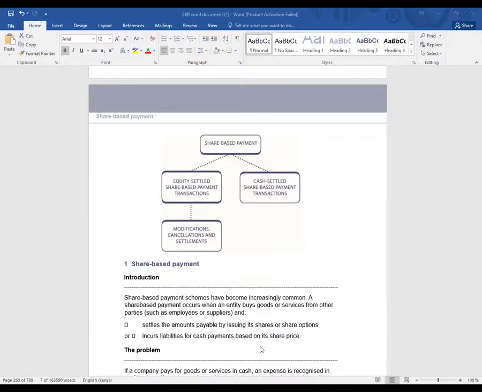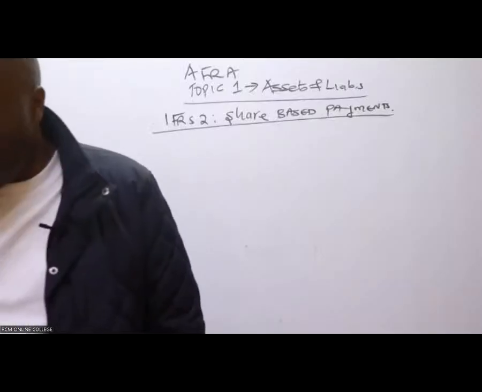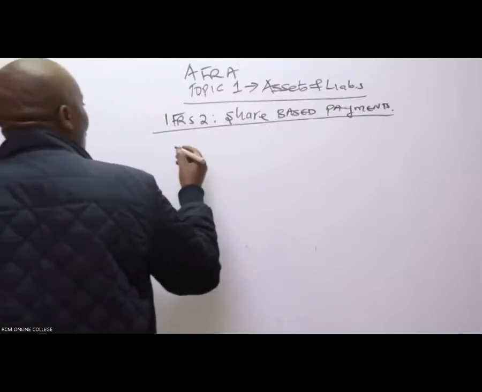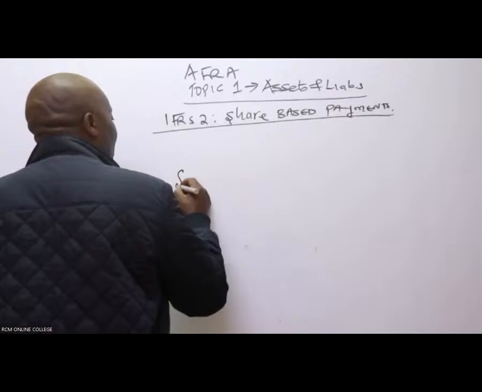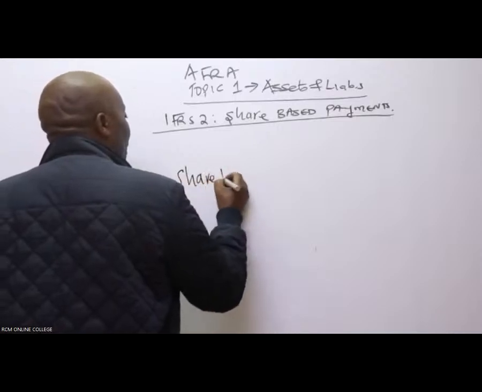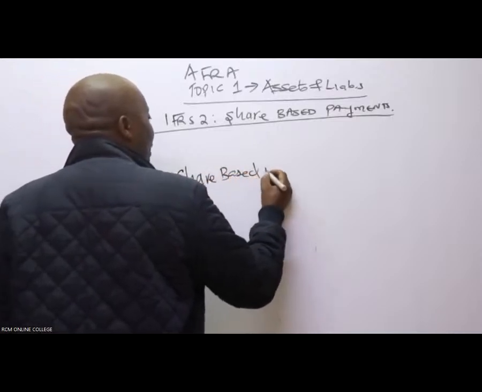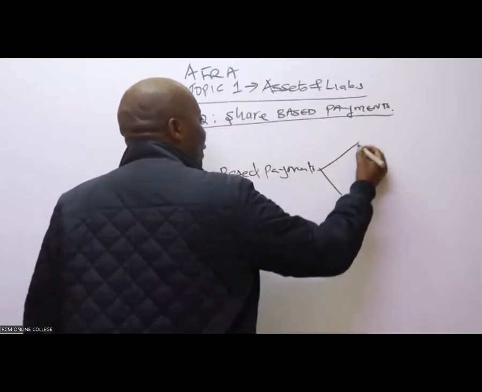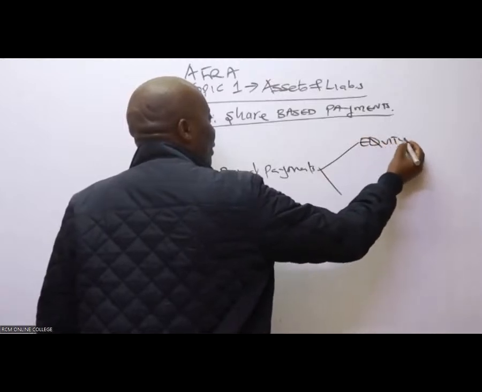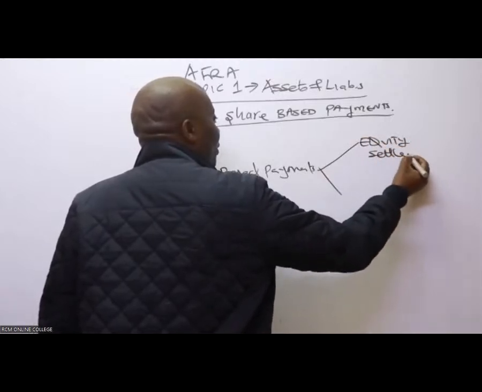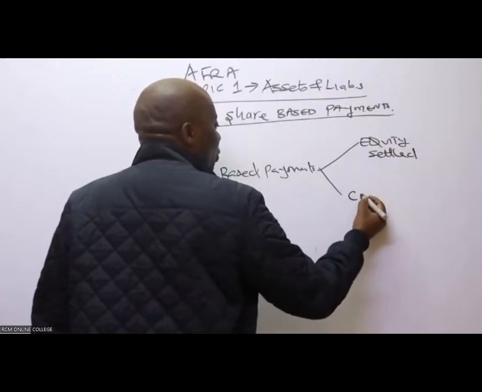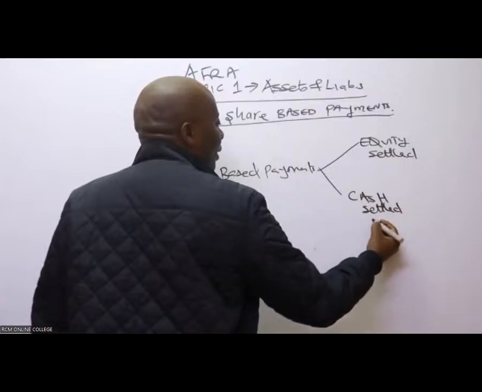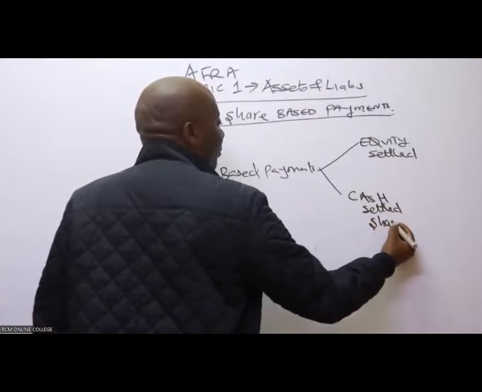So by the end of today's session, all of us would have understood that in terms of this IFRS 2, we have got share-based payments. We've got what we call equity settled, and then number 2, we have what we call cash settled, share-based payments.